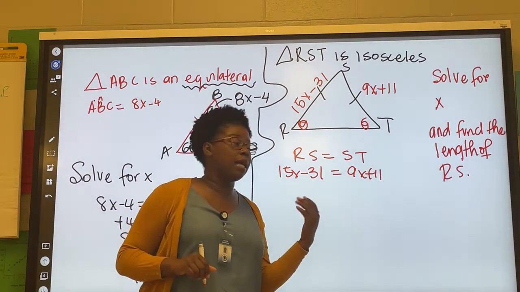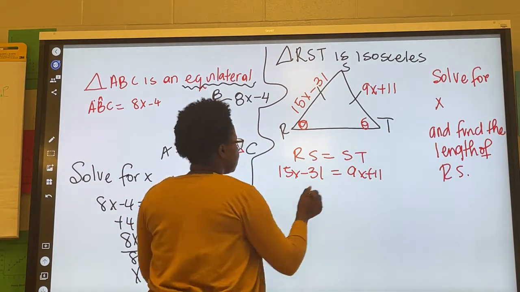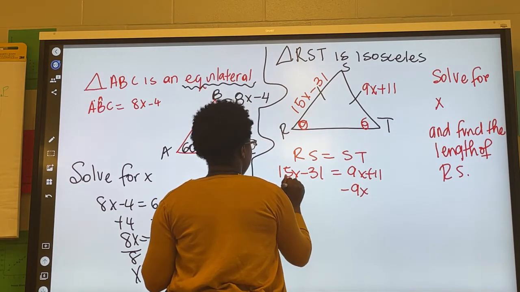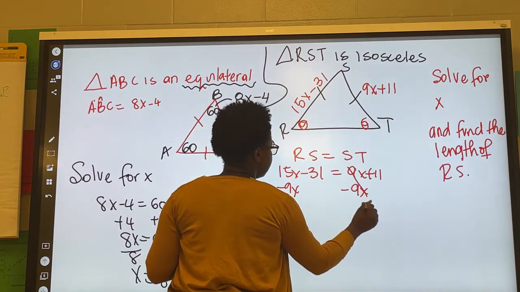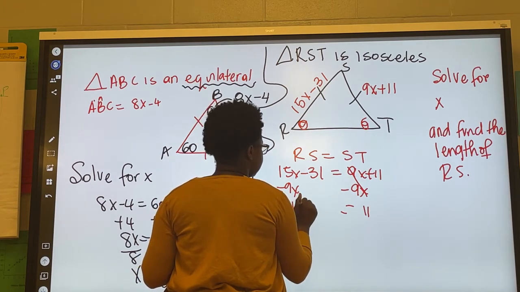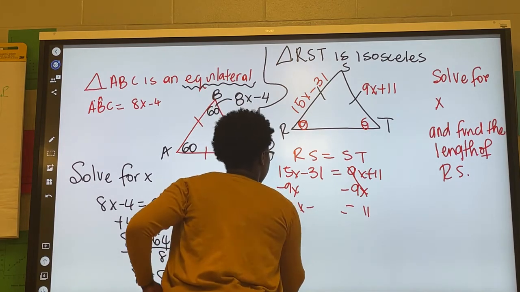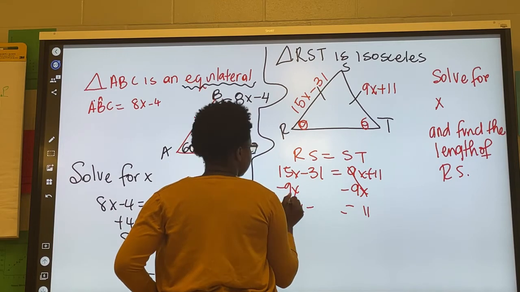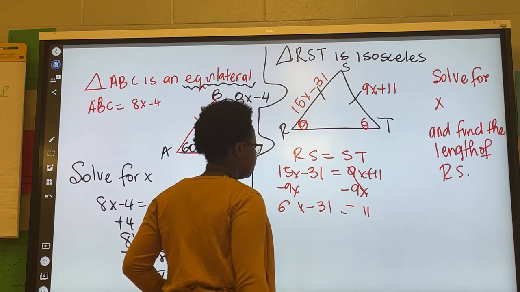From here, we basically go ahead and solve for x. So we're going to subtract 9x from both sides. That cancels. So that should give you 6x minus 31 is equal to 11.